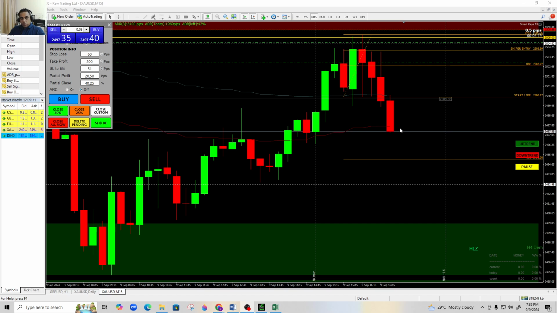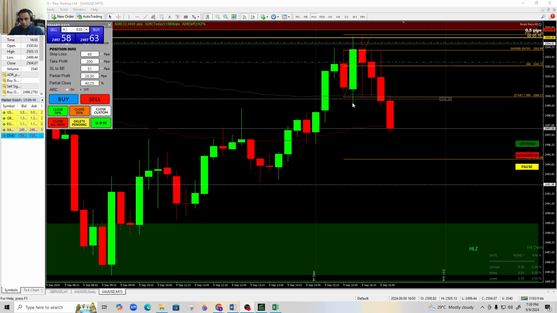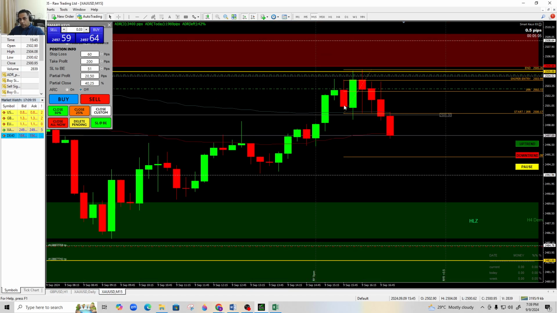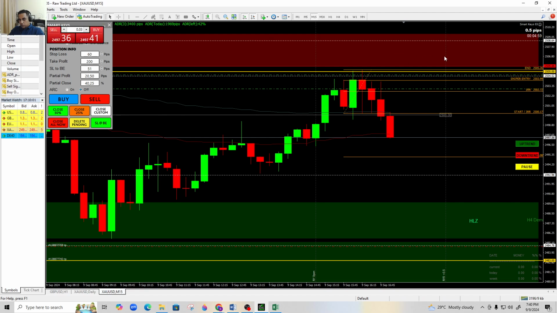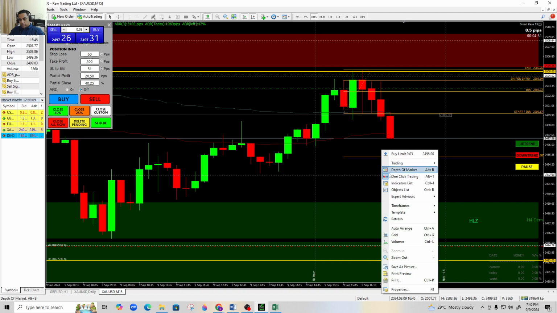Now, for those of you who are using the buy and sell signals of this indicator, if you are waiting at these areas, at the high liquidity zone that I marked, and you wanted to take a signal from there, you will have a signal here.